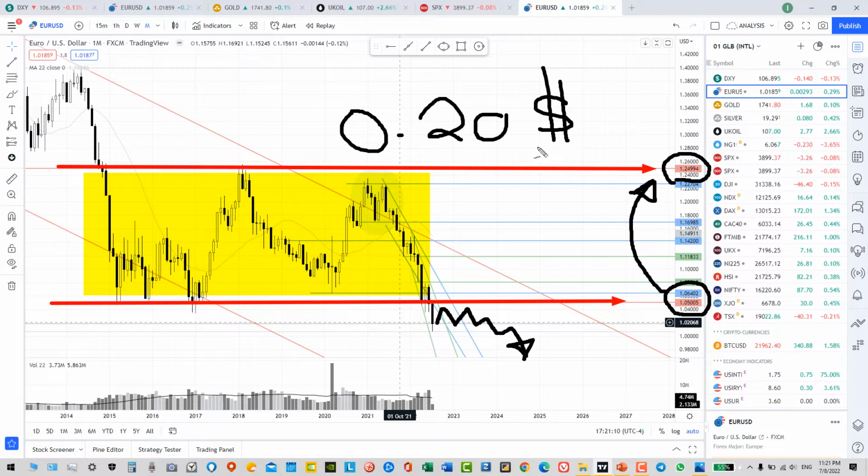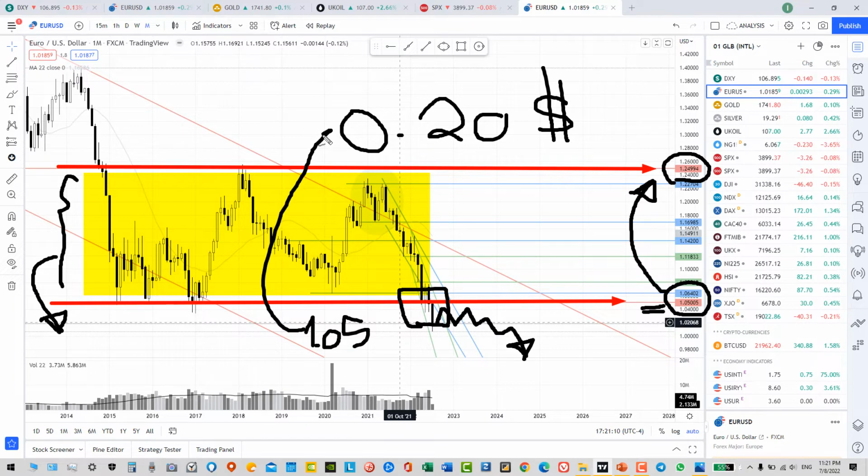So if the euro continued to close below 1.05, the minimum target of this trading range to the downside, calculated from the level of the break, will be 1.05 minus 0.20, which will be approximately the 0.85 level.